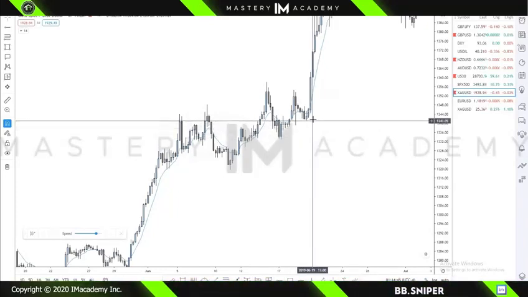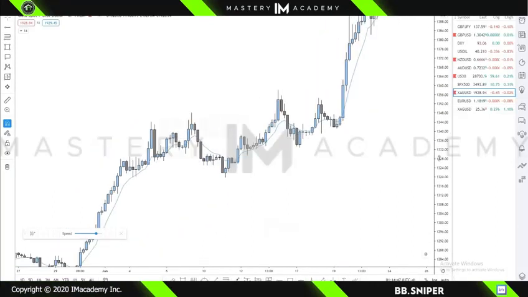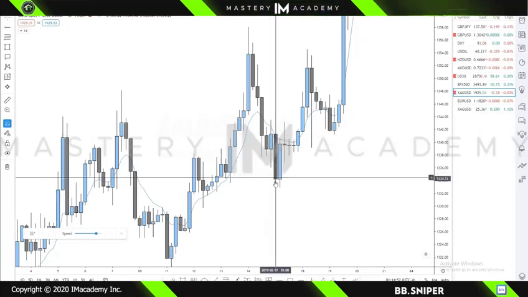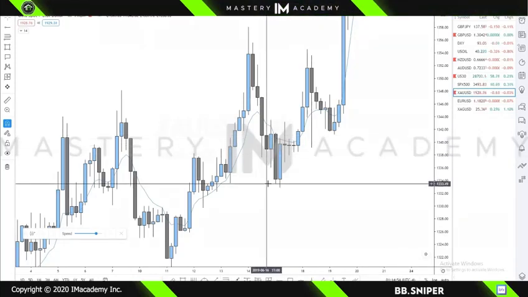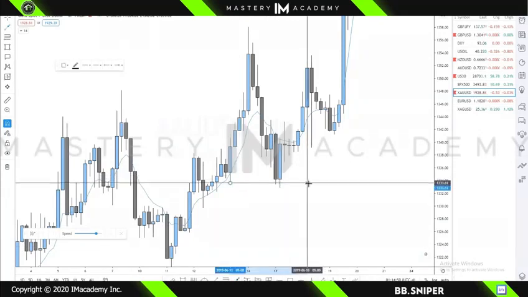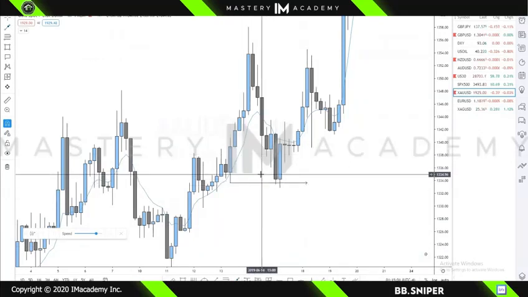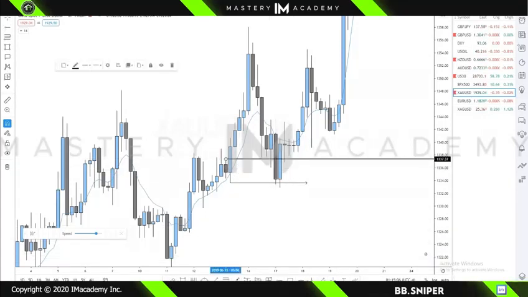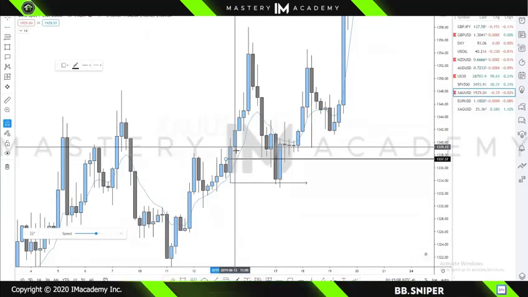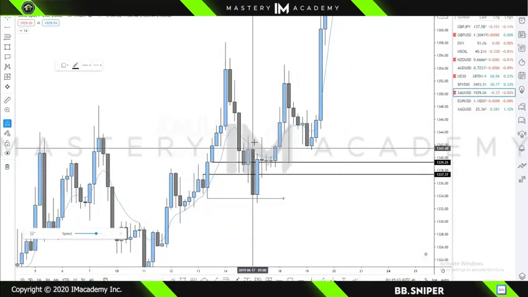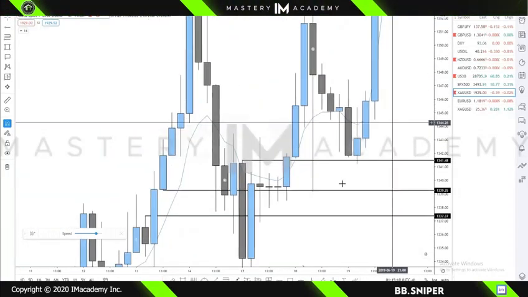Again, we run through it. This candle here. Notice how this candle captures this low. It captures liquidity, it fills this imbalance. And on top of that, it's also sitting inside of an imbalance.